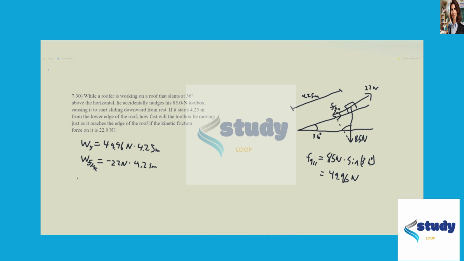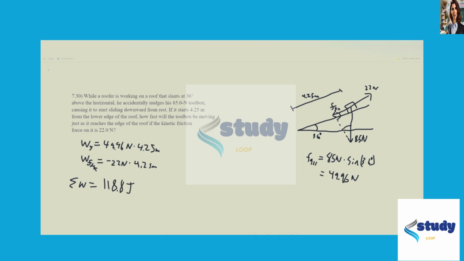Then the sum of this work that acts on the block as it travels from the top of the roof down to the bottom, from the edge of the roof, I'll sum those up for you. It's going to be 118.8 joules.